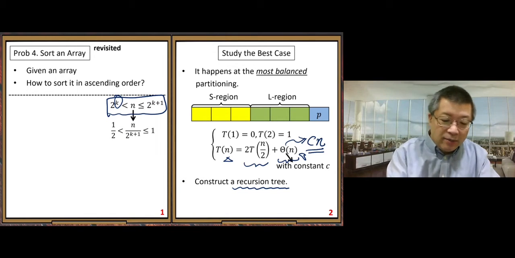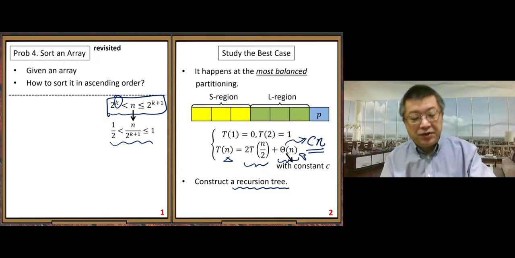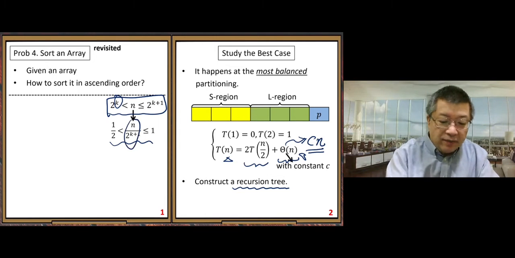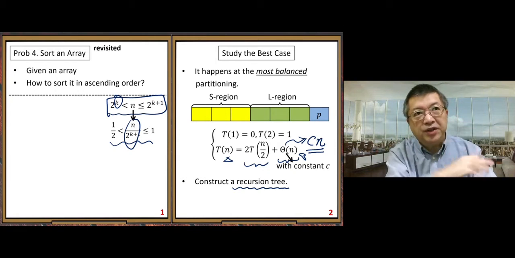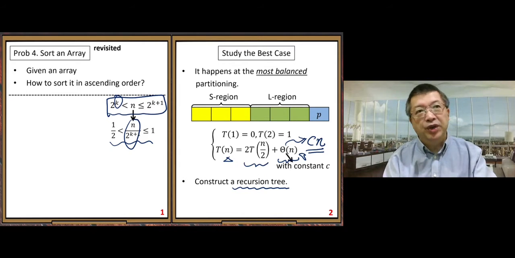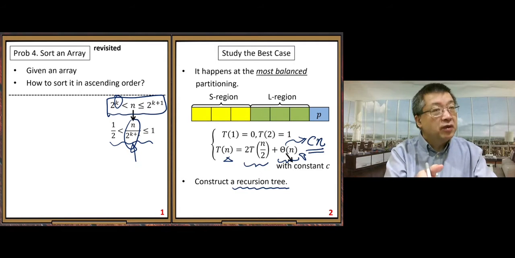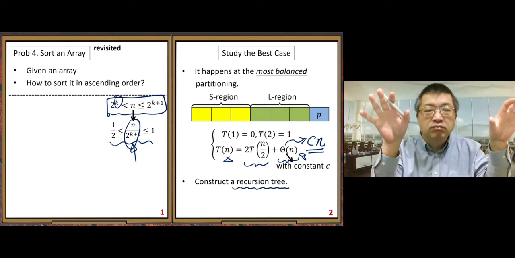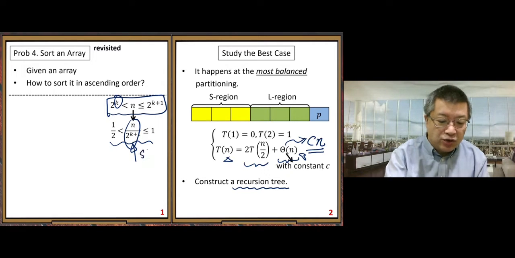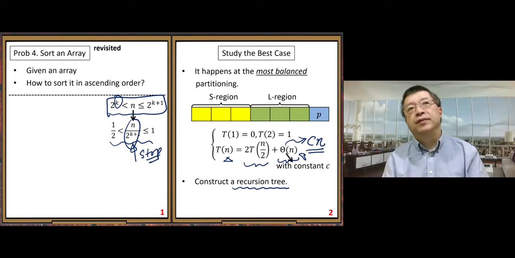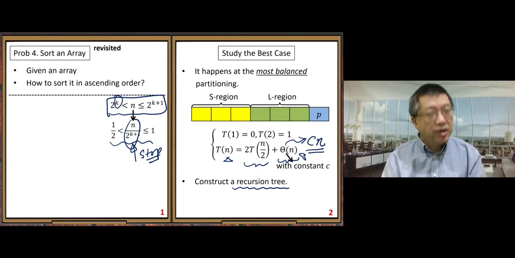The reason we choose that k is that this is the data size after k iterations, k recursions. If the data size is between 1/2 and 1, we should stop. So this is the termination condition.